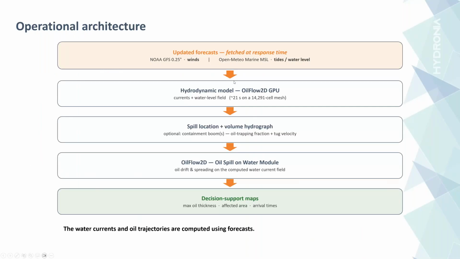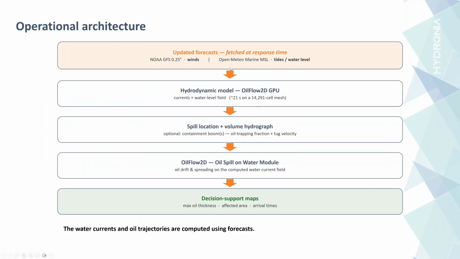So the workflow includes downloading the updated forecast, as you saw with the wind example that I showed you before. But you can also download tides, water surface elevations at the closest tidal location that you have, or the closest tidal prediction that you may have from global models for tidal predictions that are available.